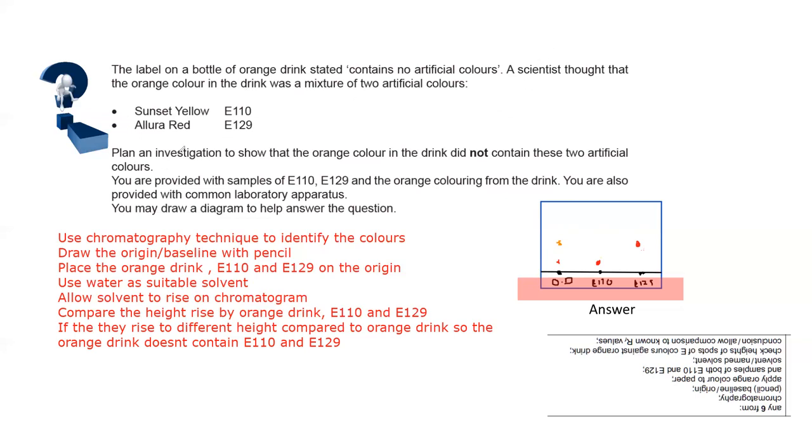Because our main investigation was that they do not contain them, we want to show that they are not present, and we can show this because the height through which the spot of the orange drink rises will be different compared to the height of E110 and E129.